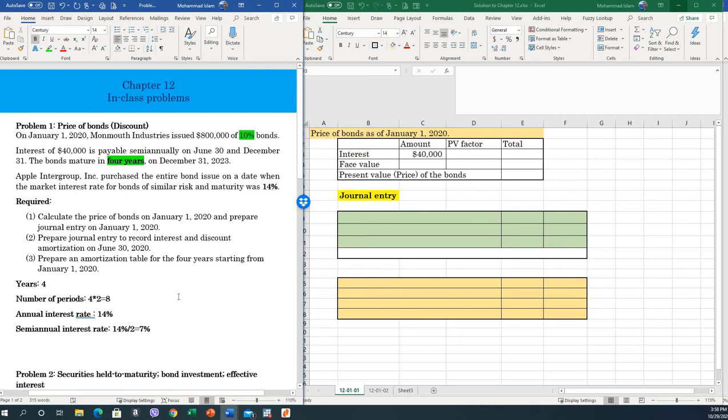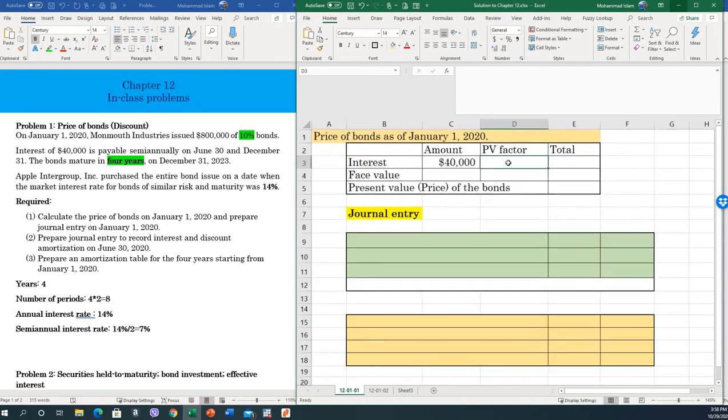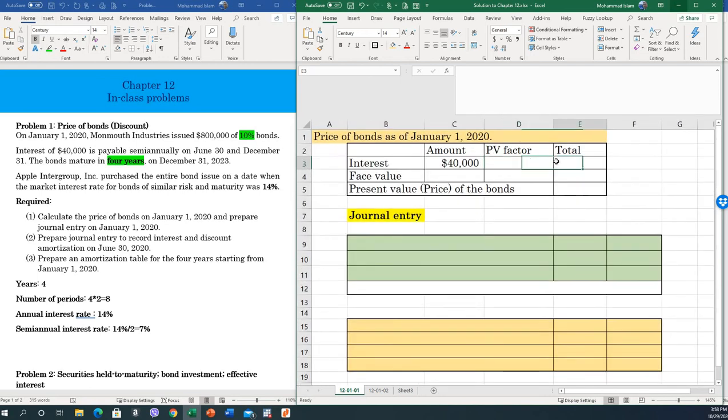So now from the present value factor, we will search for the number of periods 8 and interest rate 7%. For the interest, we will have to find the interest factor for an ordinary annuity, because this 40,000 is a series of payments at an equal interval, every 6 months.